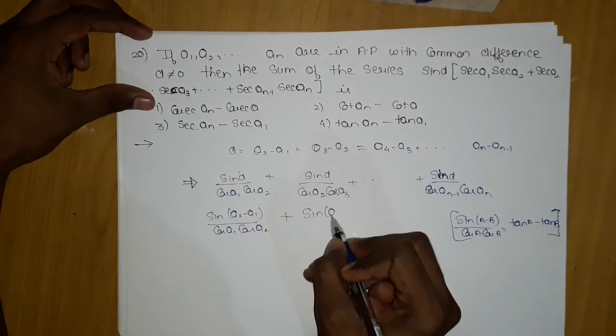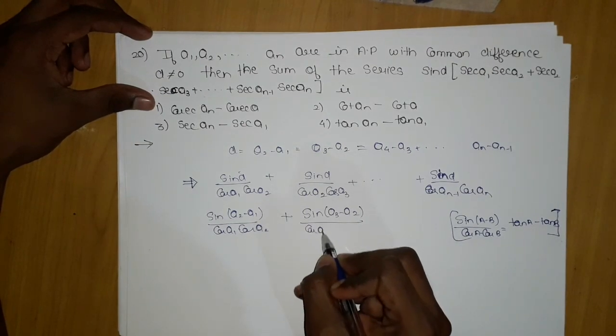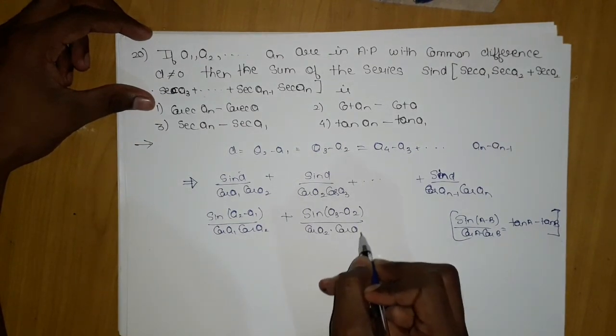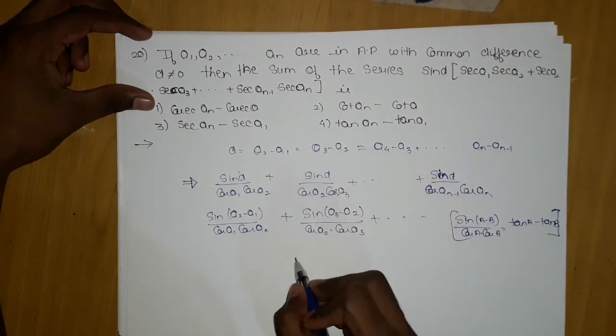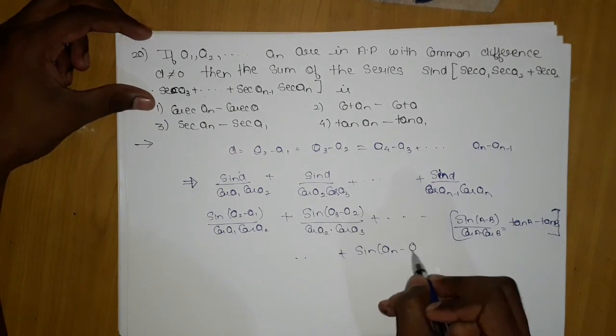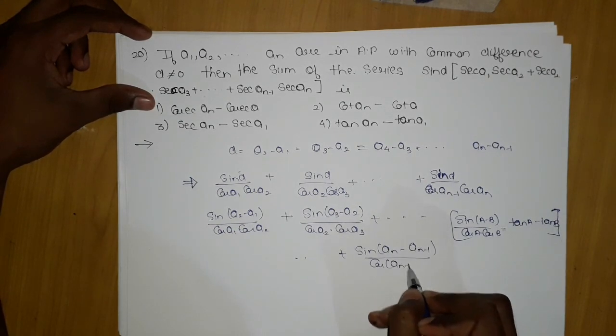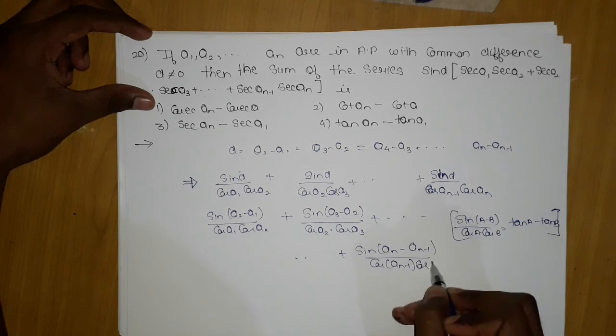Similarly here we can write it as sin of a3 minus a2 upon cos a2 into cos a3, and so on. It will go on till sin of an minus an minus 1 upon cos an minus 1 into cos an.